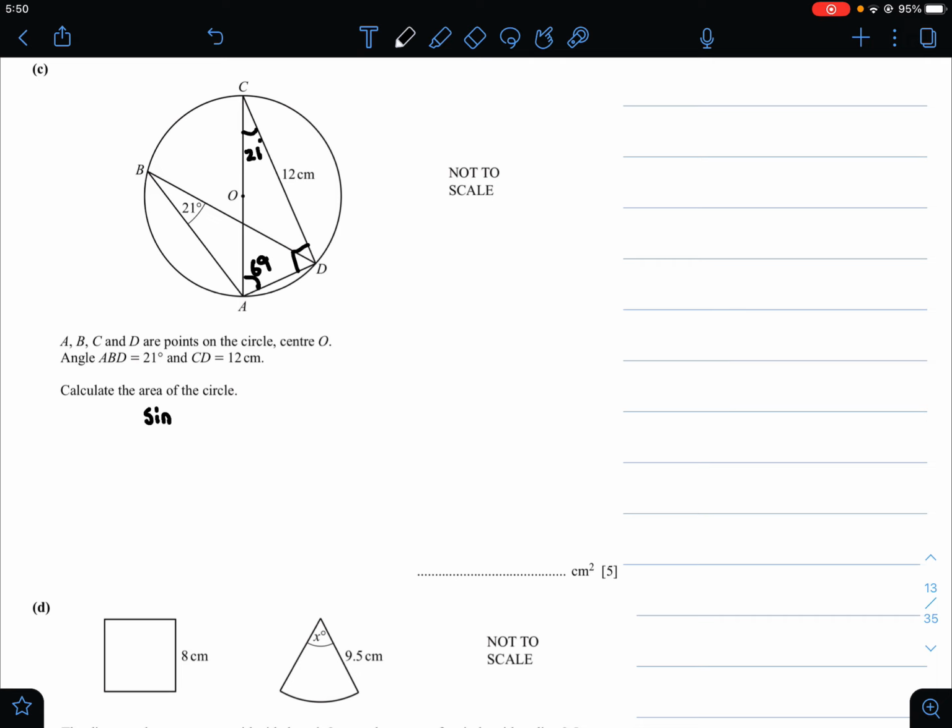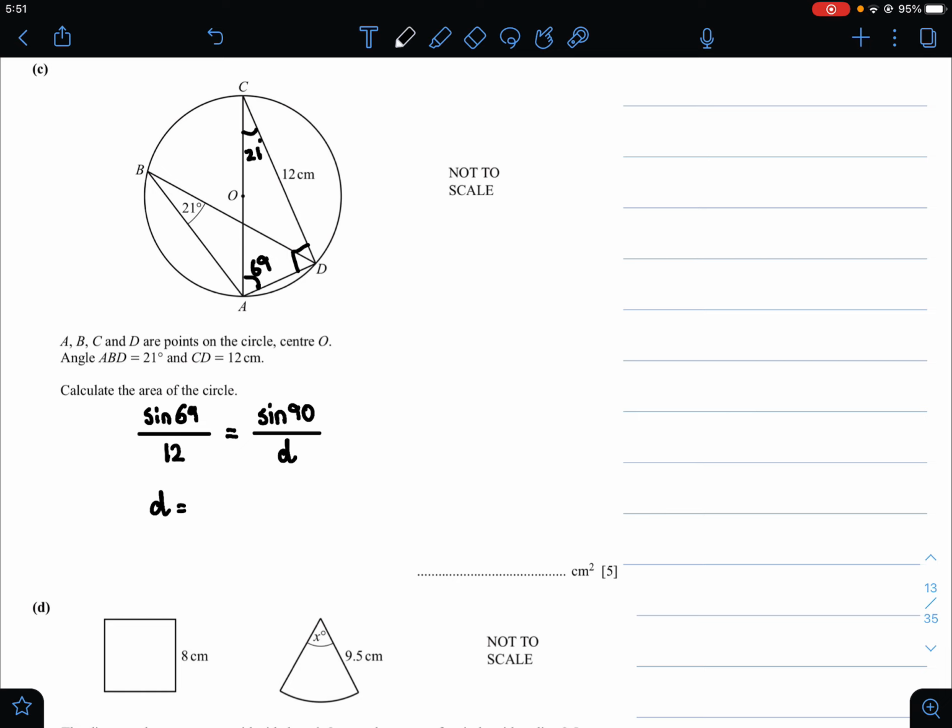So sine 69 divided by the side that is opposite to this angle, that is 12 centimeters, is equal to sine 90 divided by the side that is opposite to this angle, that is the diameter. So let's label it as D. Now, to find D, all you need to do is solve the equation for D. That means you take the sine 90 to the other side of the equation and you solve it by inputting the calculations in your calculator.